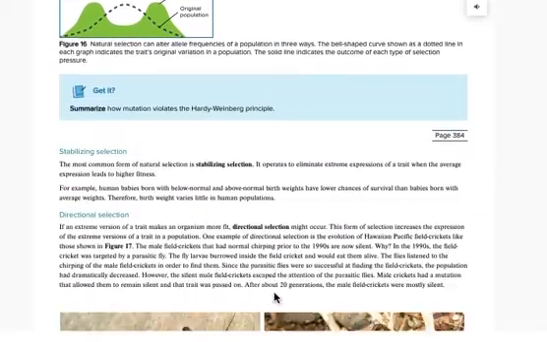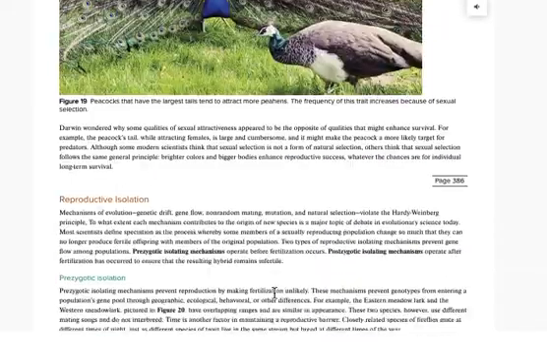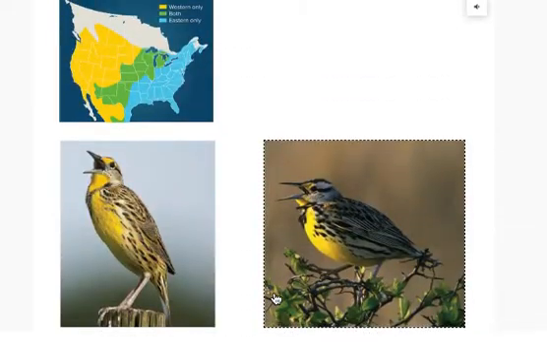Another thing that you can have is isolation. In isolation, you can have pre-zygotic isolation and post-zygotic isolation. Pre-zygotic isolation is something that stops the mating from happening in the first place.